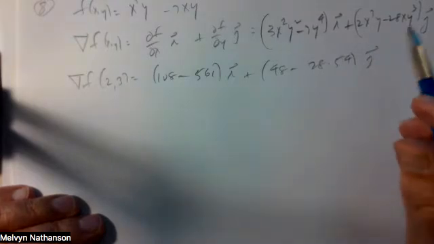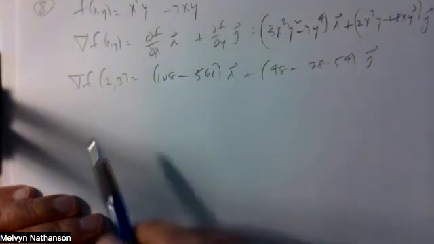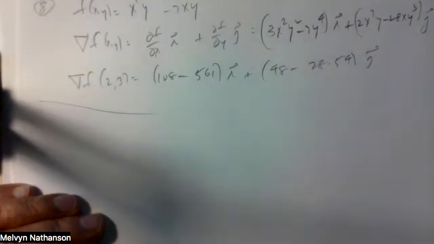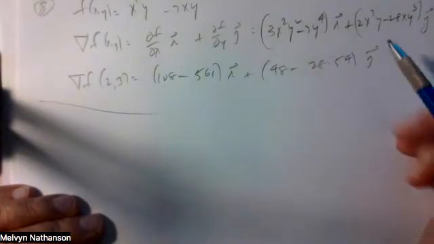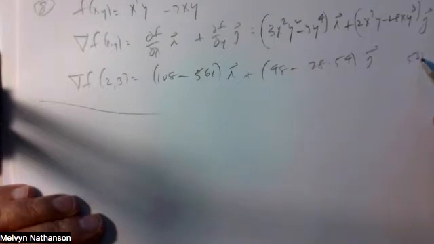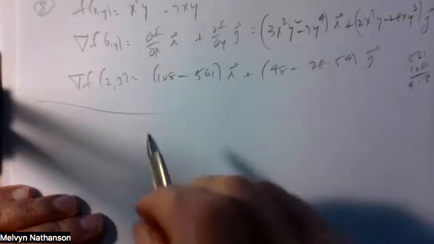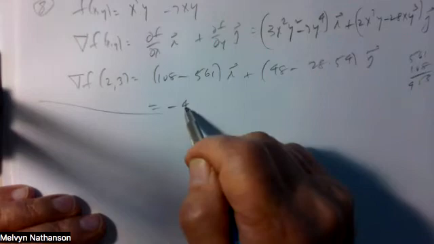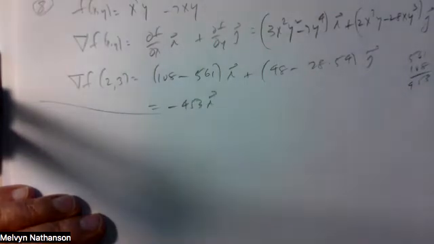And then just calculate what these numbers are. Let me actually calculate this. 561, 108, if I subtract, this is minus 453 i.